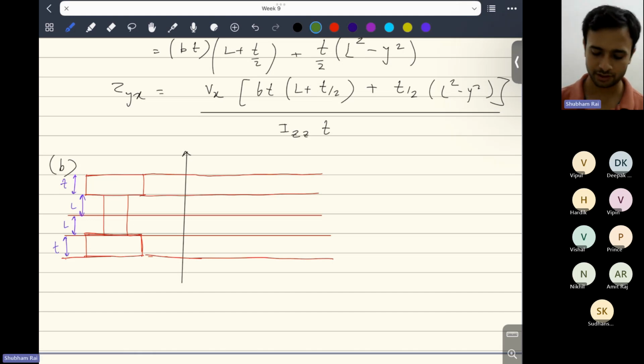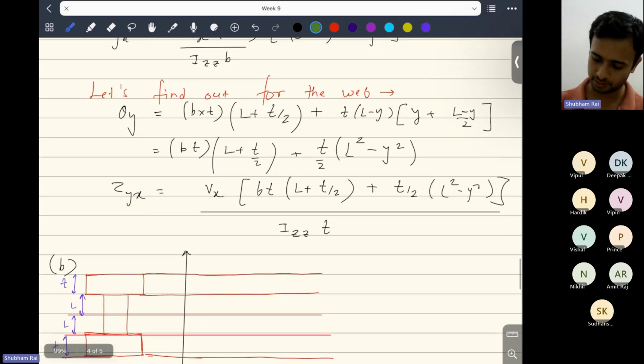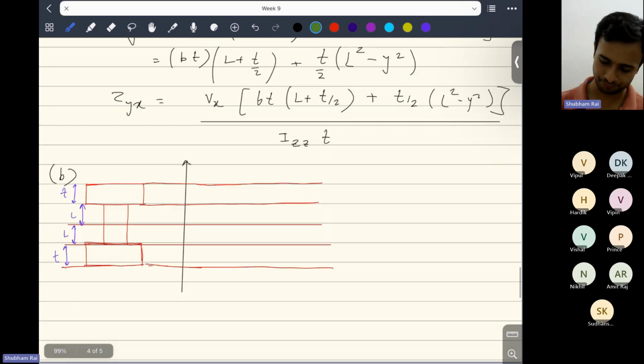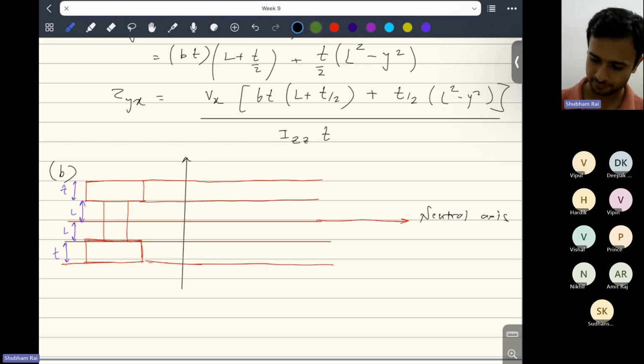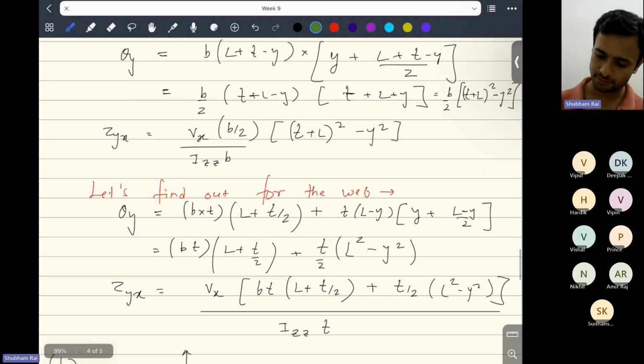Now, if we plot the variation, what will happen? And this will be the neutral axis, of course. We have to plot a qualitative trend.